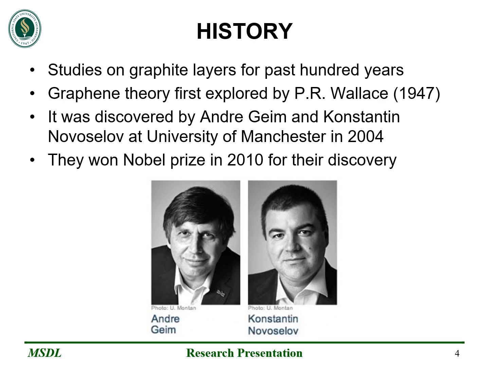Later it was rediscovered by Andre Geim and Konstantin Novoselov at the University of Manchester in the year 2004. In 2010, both of them were awarded the Nobel Prize in Physics for their groundbreaking experiments regarding the two-dimensional material graphene.